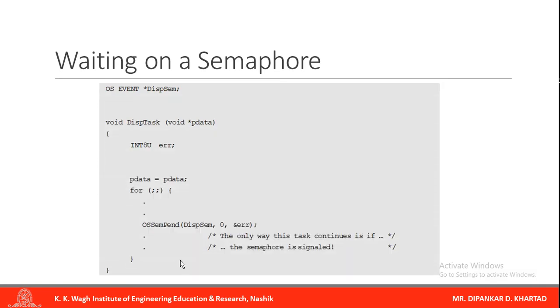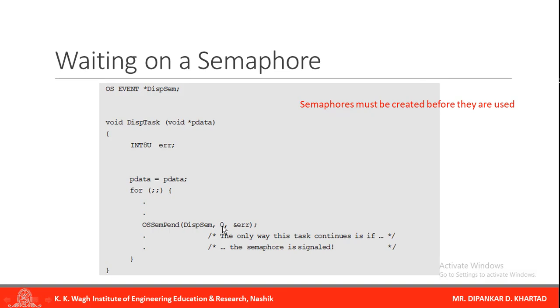So this is one example of waiting on a semaphore. The noteworthy point is that a semaphore must be created before it is used. In OSSemPend here, we have mentioned pevent comma 0. What does 0 mean?